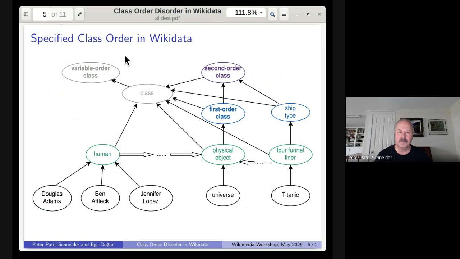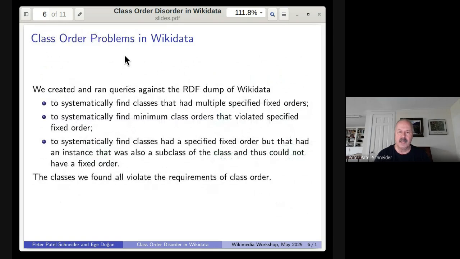What Ege and I did was build on previous work about finding problems related to class order in Wikidata. We created and ran queries against the RDF dump of Wikidata to systematically find classes that had multiple specified fixed orders, find classes with minimum class orders that had violated their specified class order, and find classes that had a specified fixed order and had an instance that was also a subclass of the class.